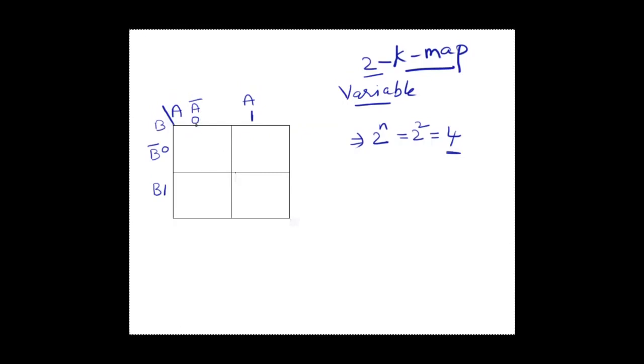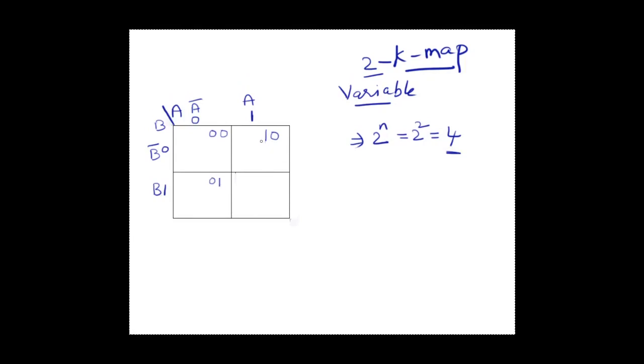So now let's consider A and B. In this column, A is 0, and B is also 0. So this is 0, 0. And here I have A as 1 and B as 0. In this row B is 0 and in this column A is 1. Now here I get, in terms of A bar and B, A is 0 and B is 1.